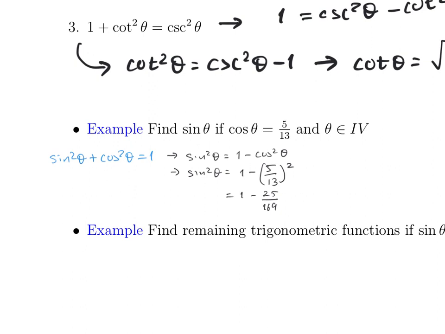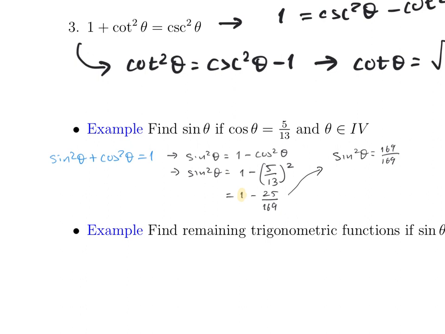So this is equal to 1 minus 25 over 169. 5 times 5 is 25, 13 times 13 is 169. Now, if you simplify this, the LCD is 169. 169 times 1 is 169. So essentially, this is what you have: you have sine squared theta, and instead of 1, 1 is the same thing as just 169 over 169.